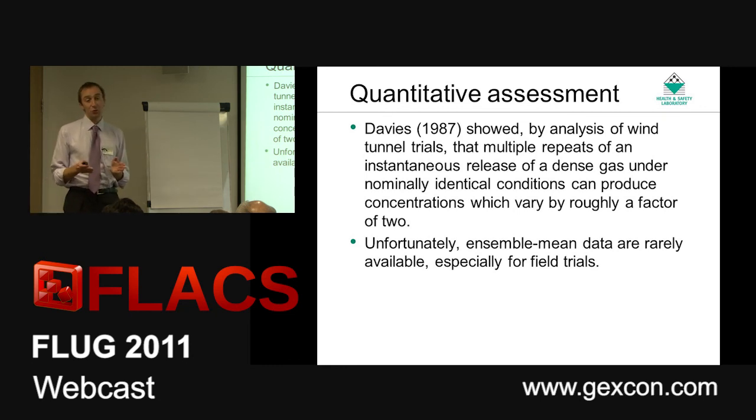So ideally, you'd do all of your model comparisons against ensemble averaged experimental data, but that's very rarely available, particularly for field trials. So you need to bear that in mind. And it also means that if you do see model predictions against some experiments and the model predictions go through all the points, it does make you think, well, they're either very lucky or they've been fiddling their numbers.